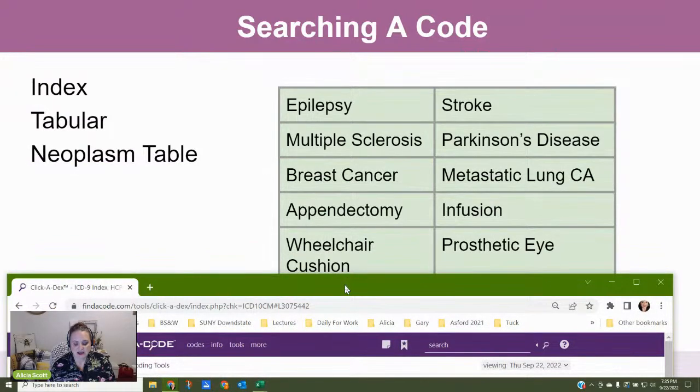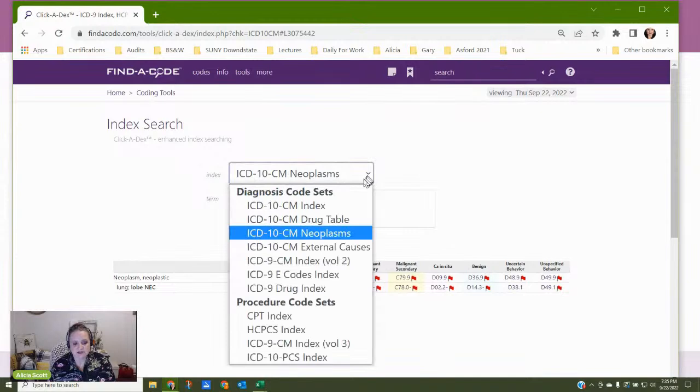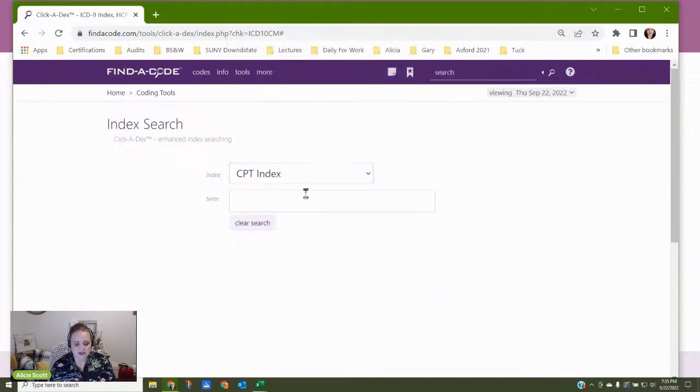Let's look up an appendectomy. Now, we can look that two ways. We can switch to the CPT. So let's look there. Yes, I want to change indexes. And let's look up appendectomy.